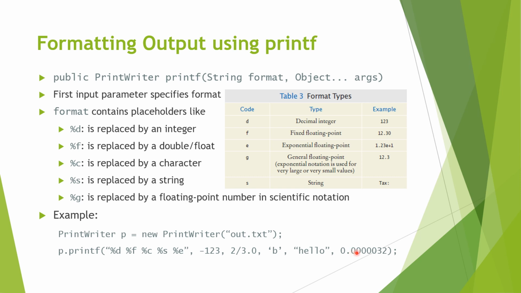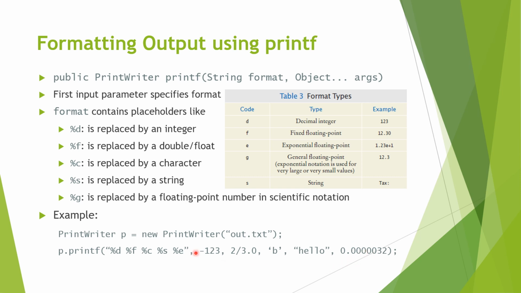If I'm not mistaken, 1, 2, 3, 4, 5. Yeah, that's right. So it's going to be 3.2 E negative 6. That's the normalized scientific notation of this double value.